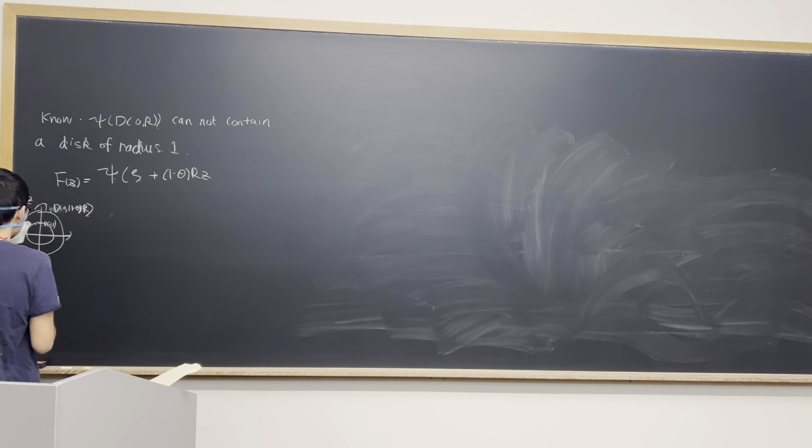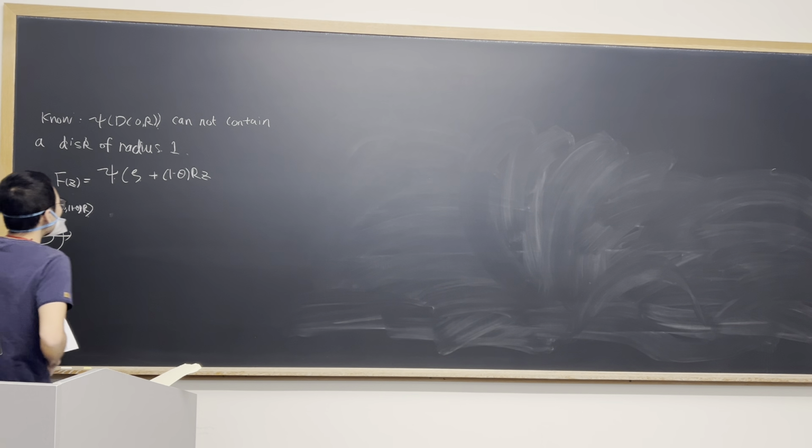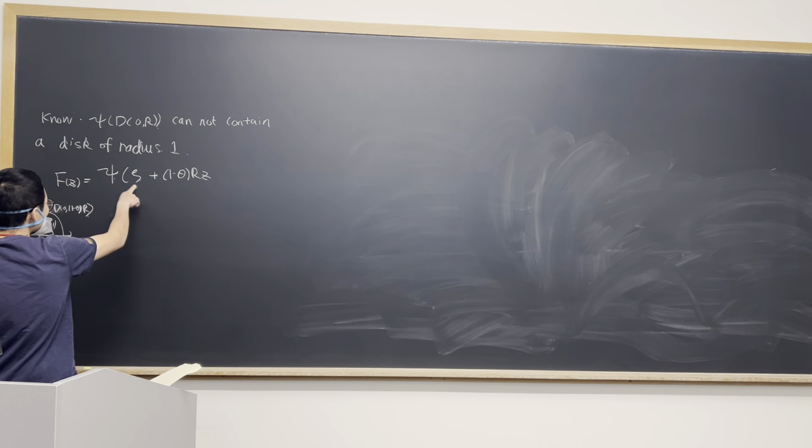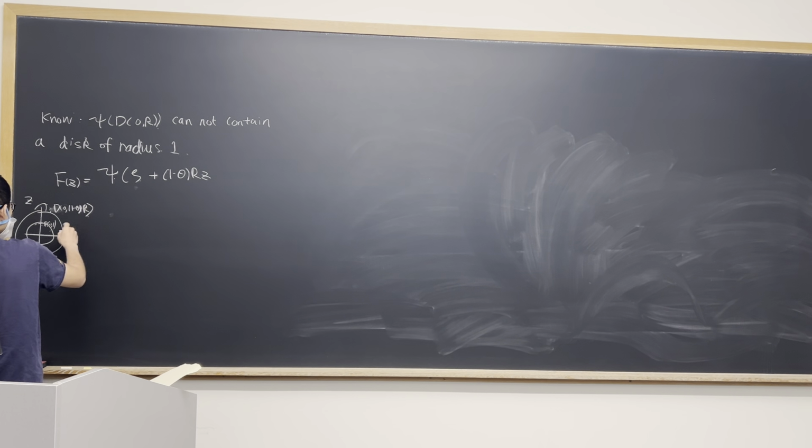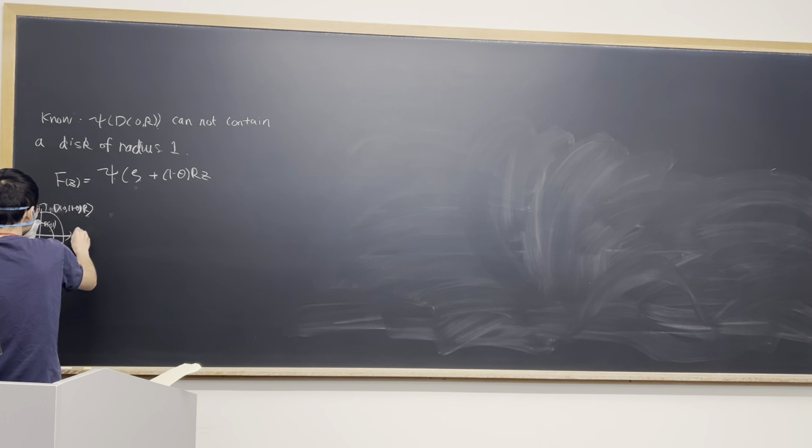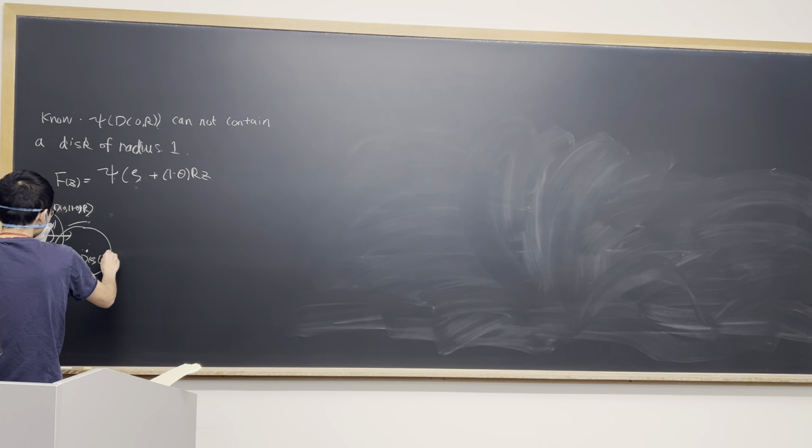And then you shift it by zeta, so the center becomes zeta now. So this D is centered at zeta, with the same radius as this one.